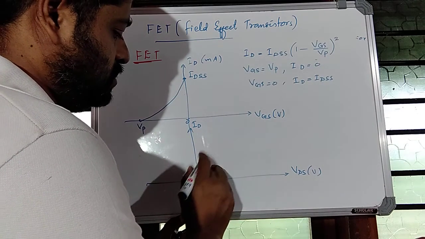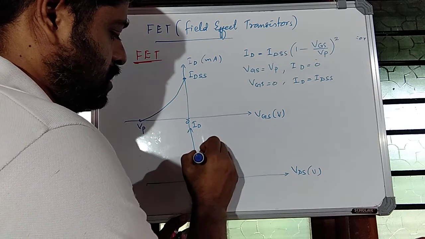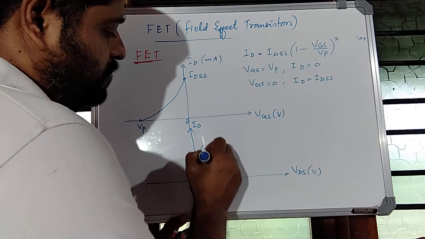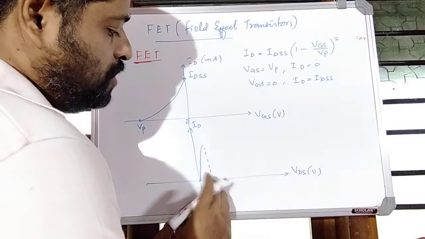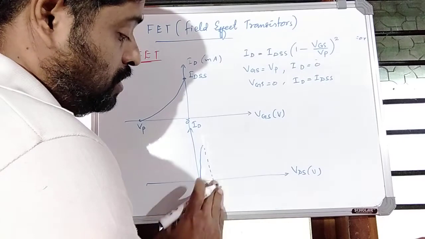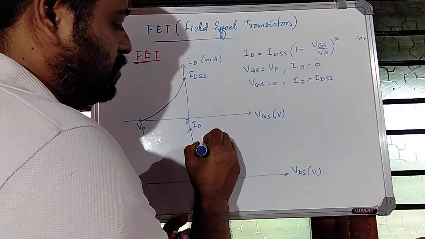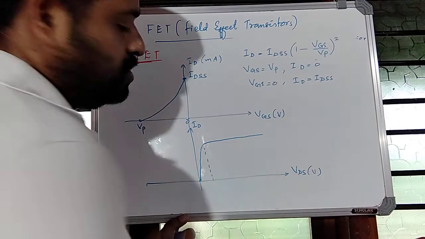ID initially increases like this. At a particular value, this is the pinch off voltage at the drain side. After this value, current becomes a constant value.